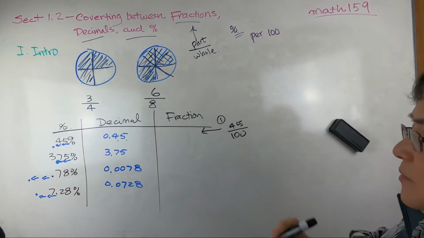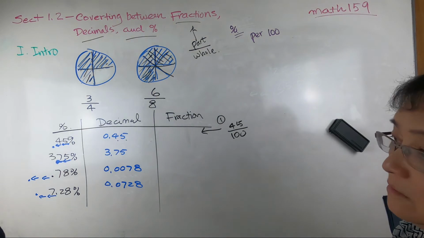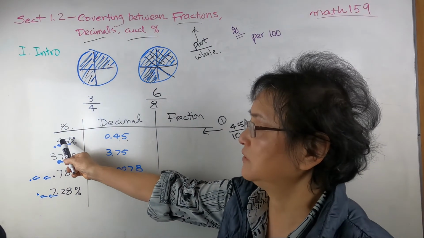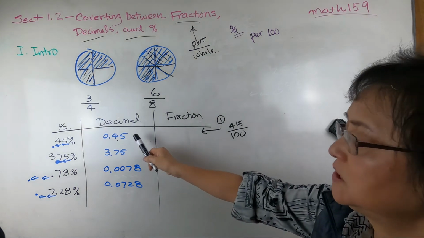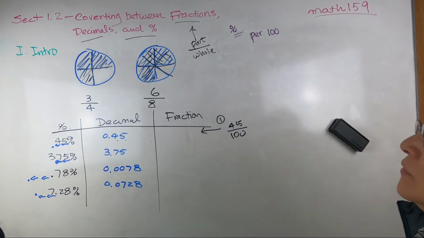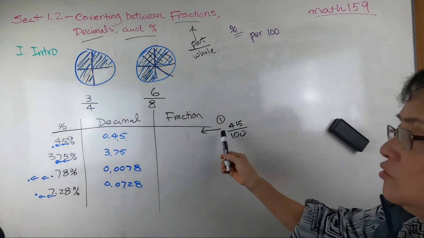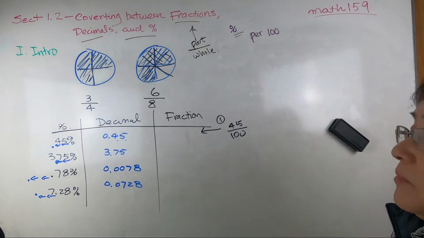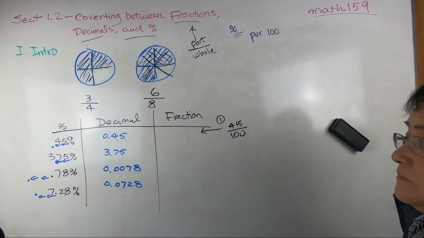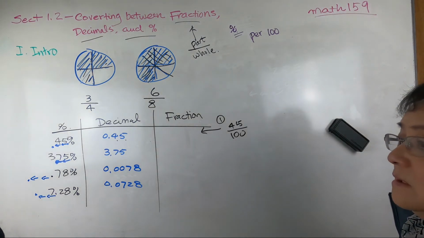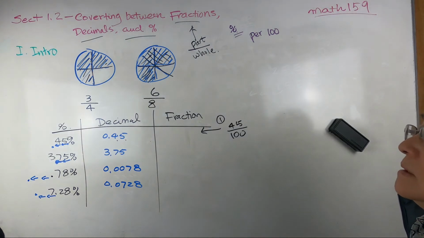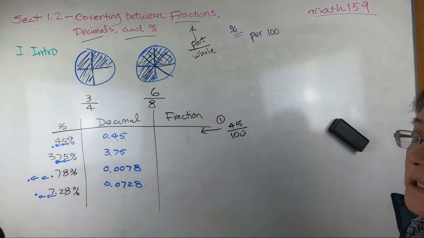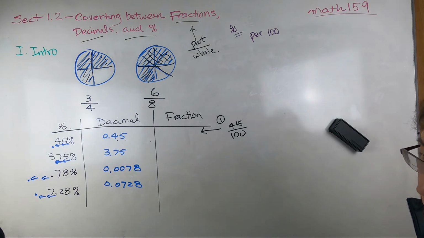So your answer would be 45 out of 100, right? 45%, 45 out of 100. It's the same thing. Or you can change it from a decimal to a fraction. However, you don't leave the answer here, because for fractions, you always show it in the simplest form.